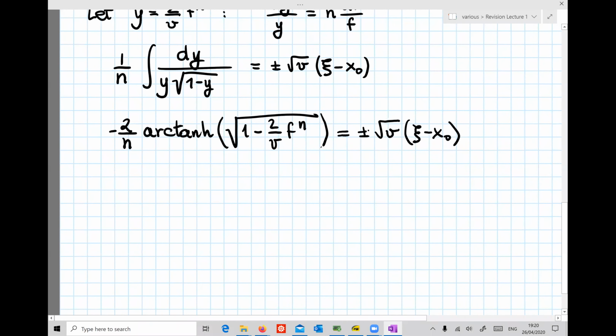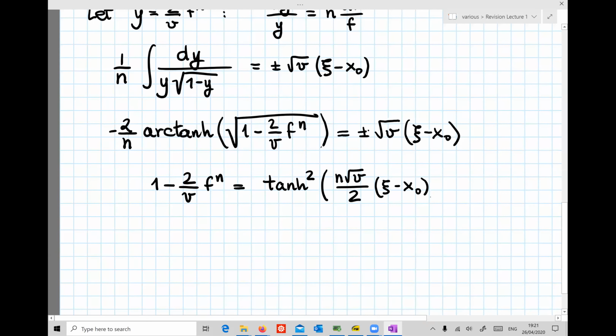Okay, so now I can take the n over 2 to the right-hand side, and I can invert the arctanh, and then I can square. So I get 1 minus 2 over v f to the n is equal to hyperbolic tangent squared, because I invert the square root, of n root v over 2 times xi minus x naught. And I didn't worry about the plus or minus sign, because when I take the square of the hyperbolic tangent, that's an even function.